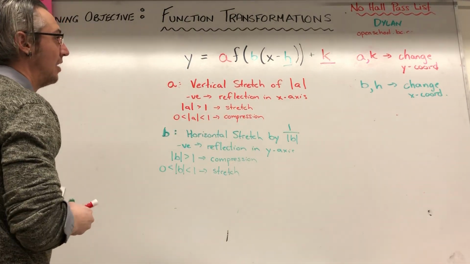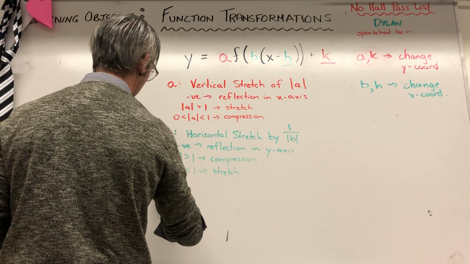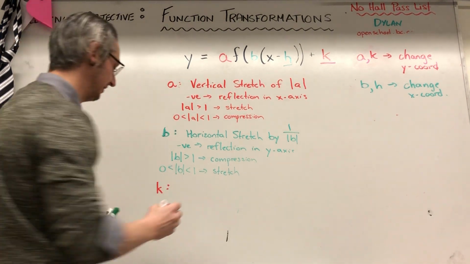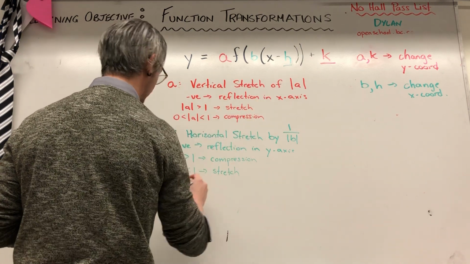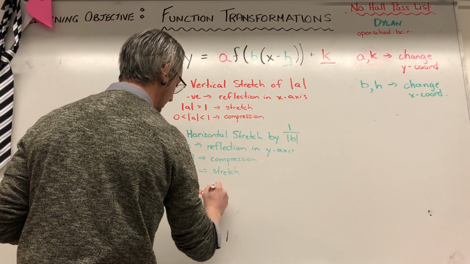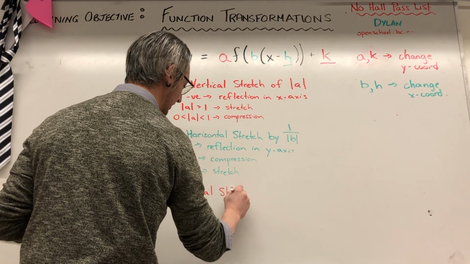And then we have our horizontal and vertical translations or shifts, starting with the vertical. K is just a direct vertical shift. If K is positive, we're going up. If K is negative, we're going down.